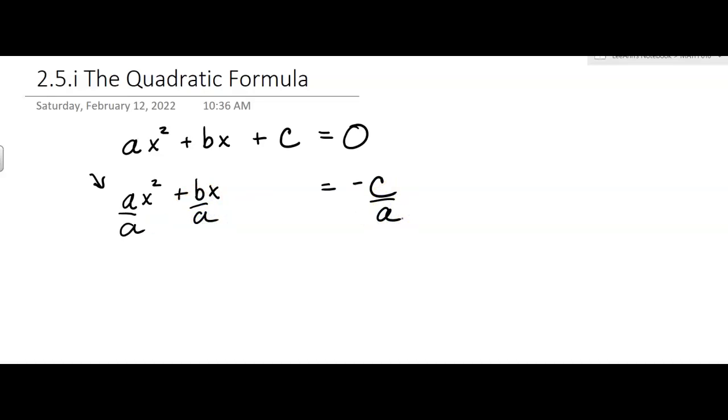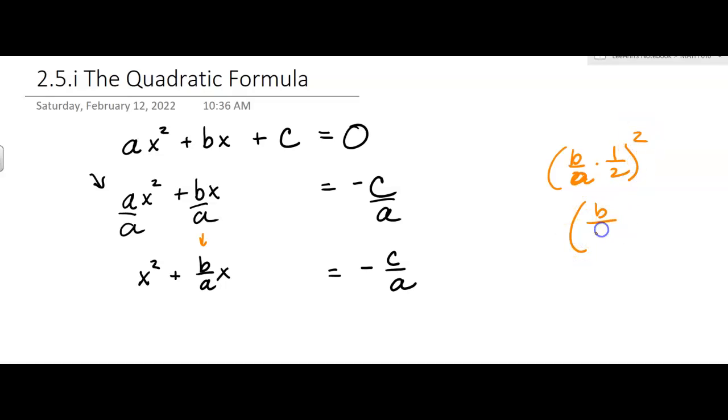Okay. So I have x squared now plus b over a x, leaving a space, equals negative c over a. Now I have to find that magic number. So I take the b over a. Oops, that's supposed to be an a. I'm going to divide it by 2 or multiply by 1/2. We talked about that.